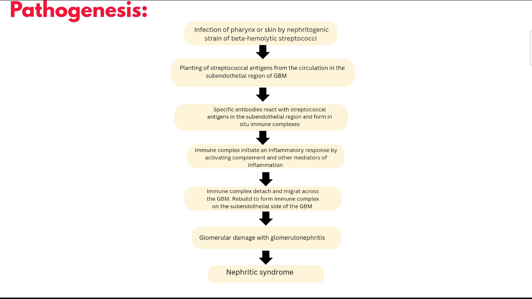These complexes trigger complement activation, leading to inflammation and glomerular damage. This exacerbates damage, resulting in nephritic syndrome characterized by hematuria and hypertension.